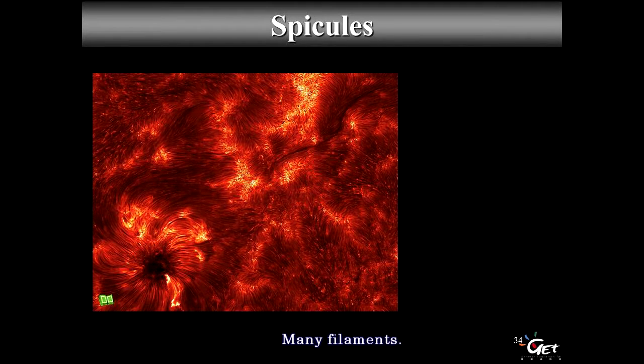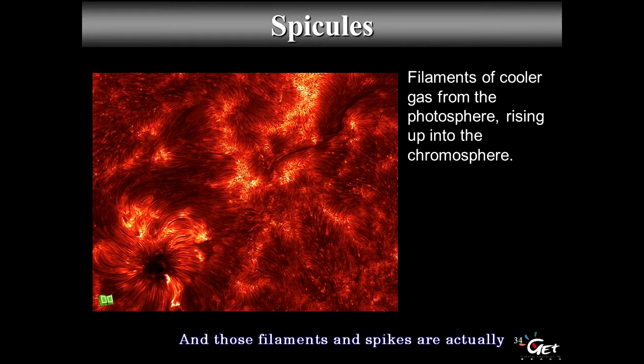Those filaments and spicules are actually cooler gas, so they are a bit less bright. You remember the Stefan-Boltzmann law. They look darker because they are a bit cooler. The very bright parts are hotter, and the darker parts are cooler.